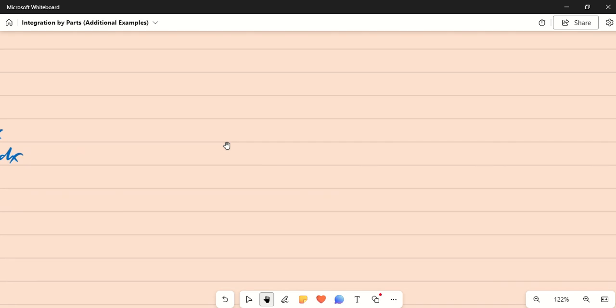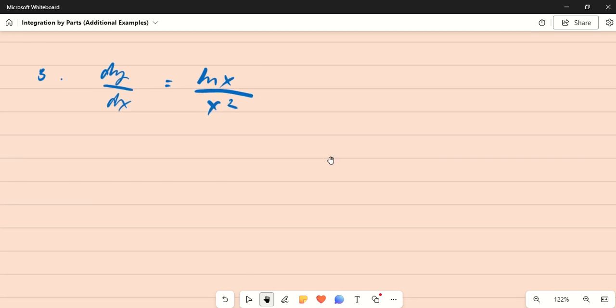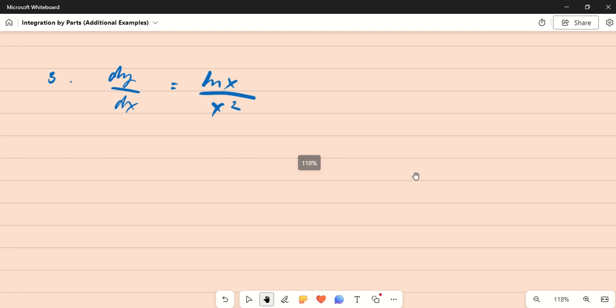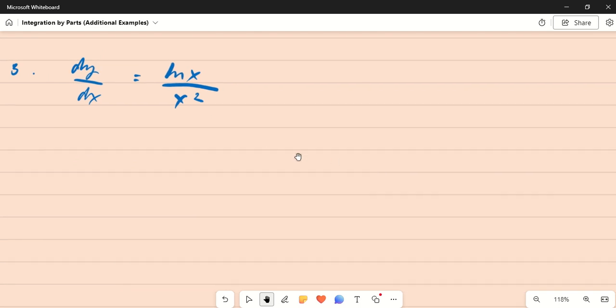Here, number 3 is the differential equation dy over dx is equal to ln of x all over x squared. Again, we will be applying integration by parts here. You cannot use basic integration techniques and integration by substitution in solving the general solution of this differential equation.